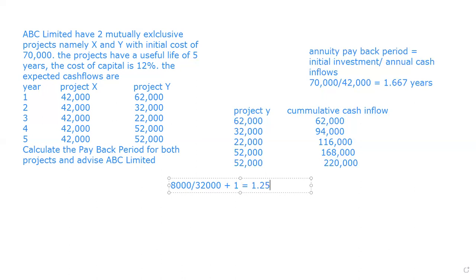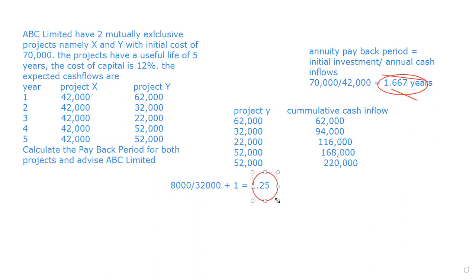Then we are told to advise. Remember, when we used project X, our payback period was 1.667, roughly 1.67, and here it is 1.25.